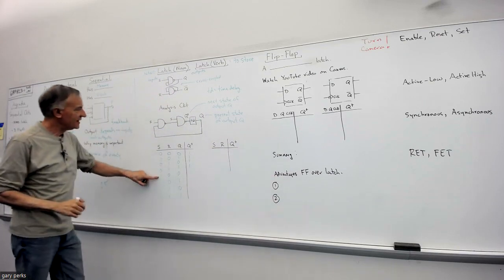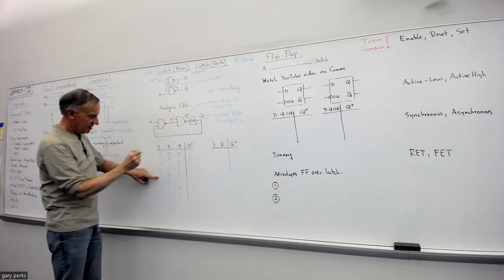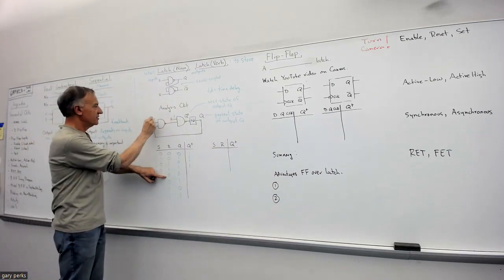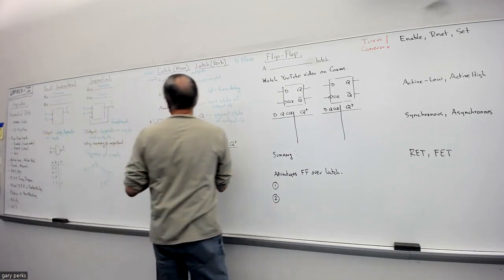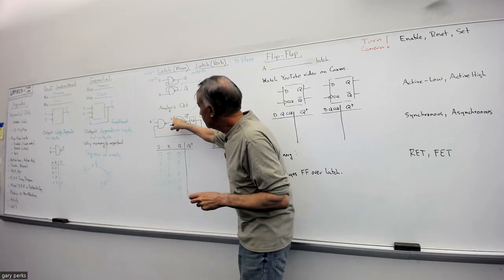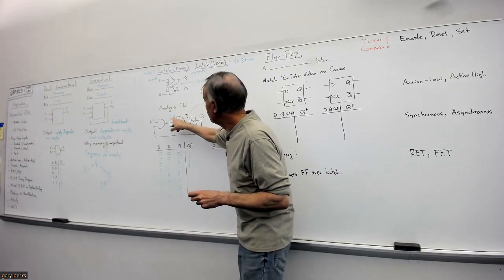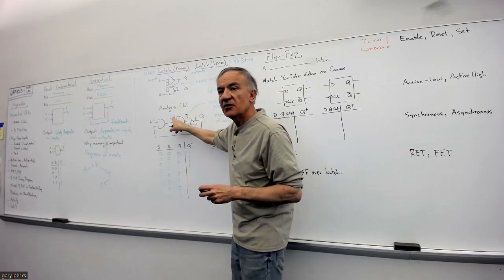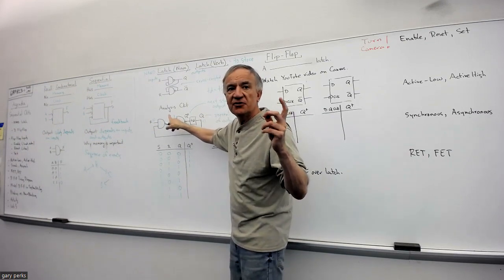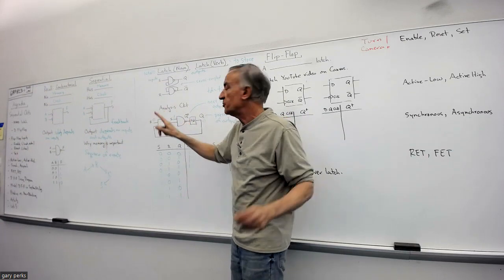Okay, the next row, S is 1, R is 0, and Q is 0. Because this S input's a 1, this input does matter, right? Because again, it's only when we have one input equal to a 0 to a NAND gate that I don't have to know what the other input is.